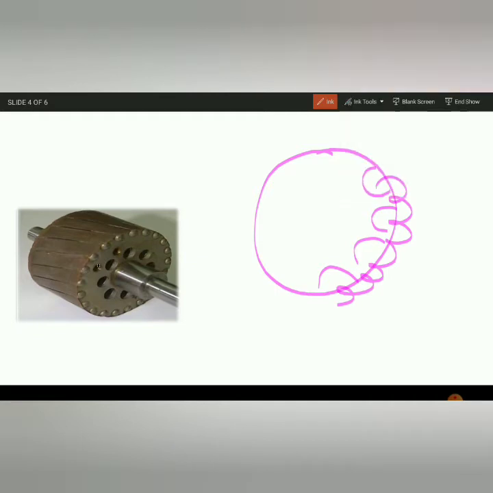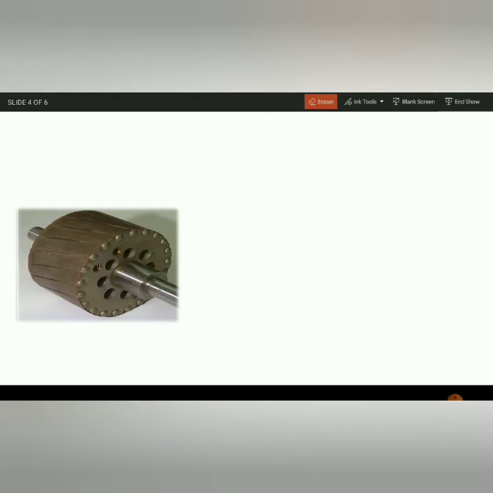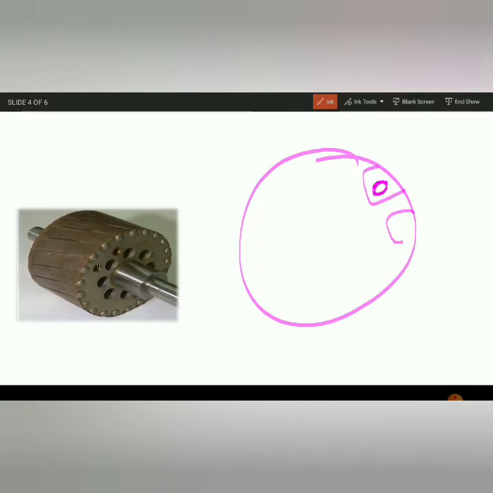This is a stator and we have a rotor, and we use copper bars. You can see them here, these are the copper bars.